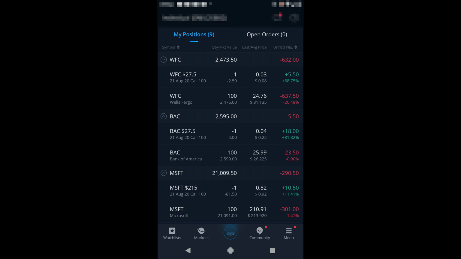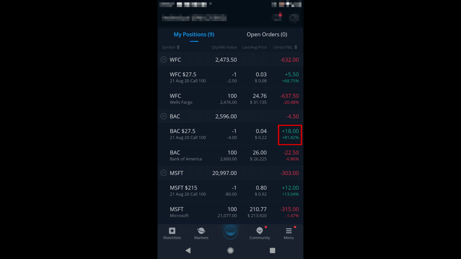If you go over to the right, the current price of the premium is 4 cents per share, so that's $4. So 4 cents times 100, and we did end up collecting 22 cents per share, so that's 22 cents times 100, which is $22. If you go here to the right, you'll see a profit and loss.